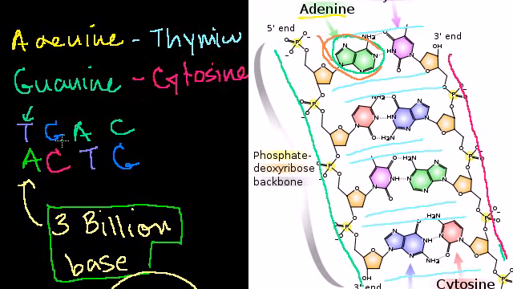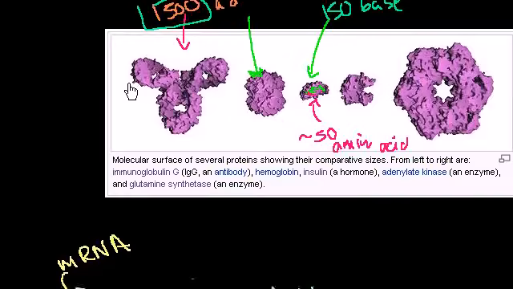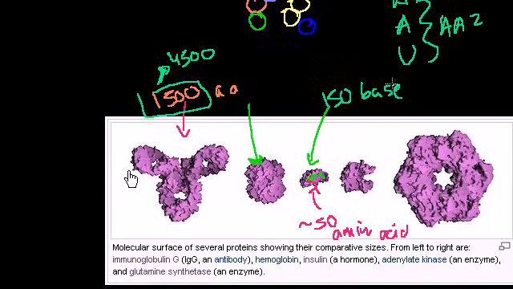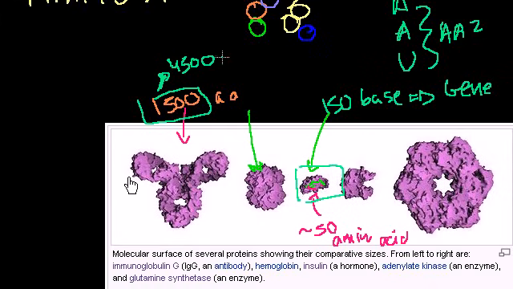But how does that relate to things like genes and chromosomes that you might talk about in other contexts? So these base pairs, let's say the 150 base pairs that coded for insulin, make up a gene. And these 4,500 base pairs make up another gene.